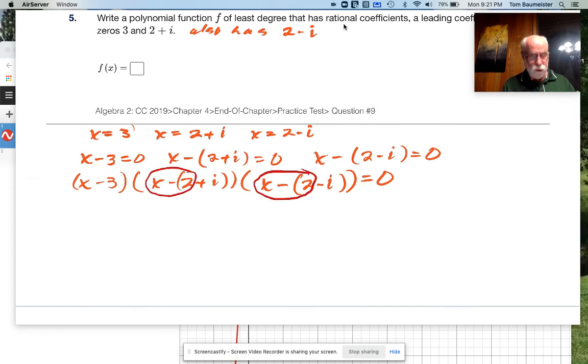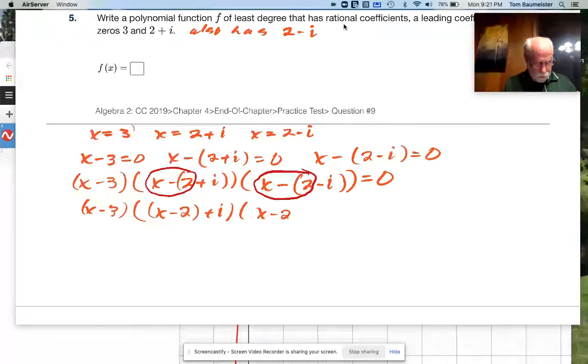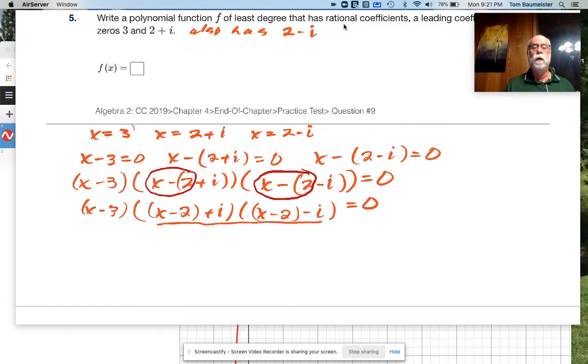That was what I had you do in your notes. So if we regroup, we should get x minus 3, and then x minus 2 plus i times x minus 2 minus i. And hopefully you'll see that that is going to be a difference of squares.